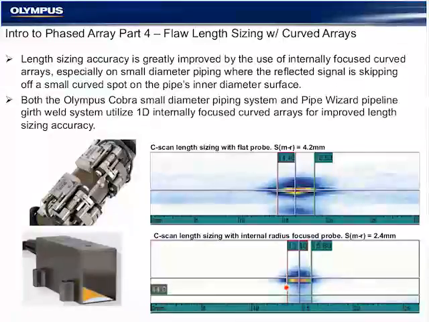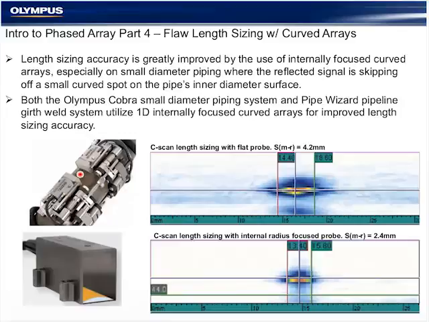In some of our small diameter pipes, even a 1 millimeter hole in the pipe will look distorted on the B scan and C scan and measure 2, 3, or 4 millimeters depending on the frequency of the probe. For that reason, it's important that our length sizing be accurate.